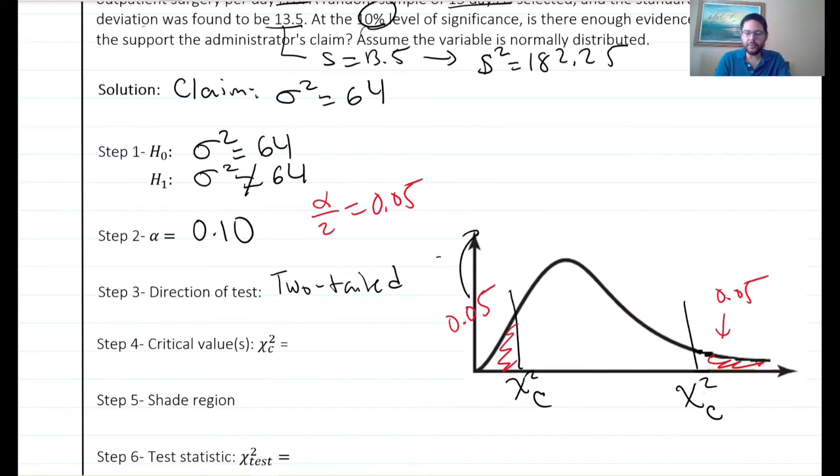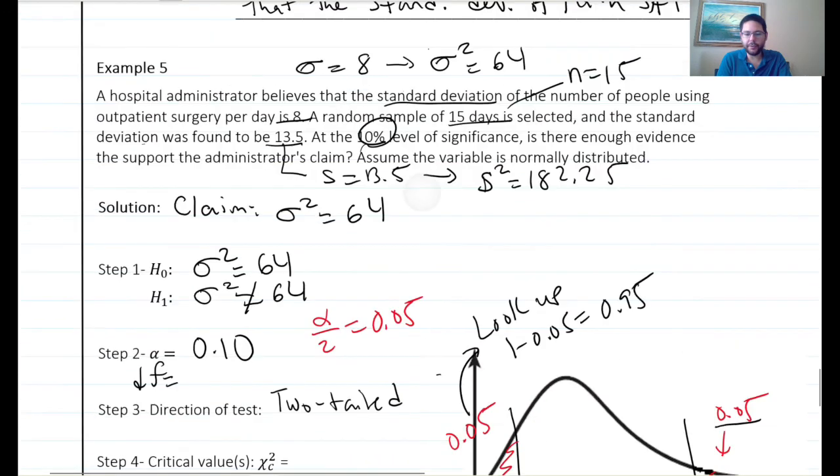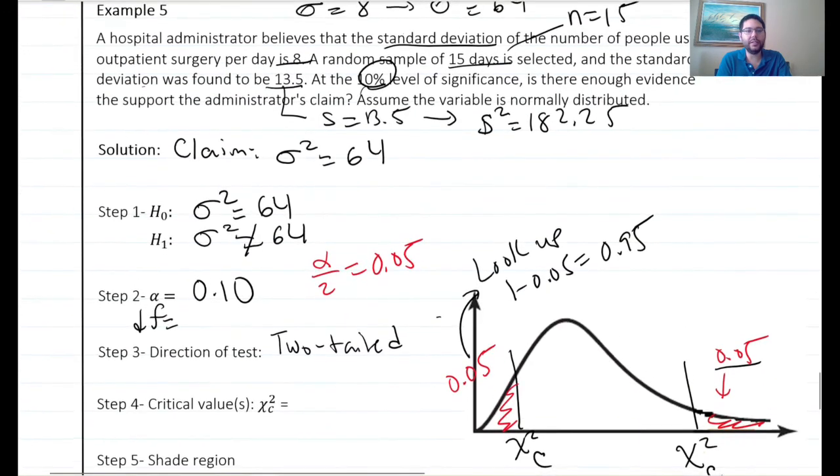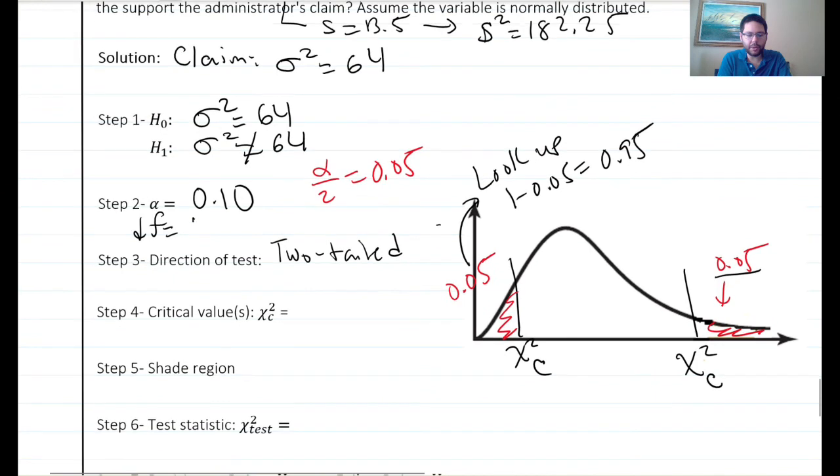Since this one is on the left side, we got to look up 1 minus 0.05, which is 0.95. So we're going to look up 0.95 on the table, whereas for this one, we're just going to look up 0.05. Now, we need to do our degrees of freedom, which is n minus 1. From the problem, 15 days was selected, so 15 minus 1 is 14. So we're looking at 14 degrees of freedom, 0.95, 0.05.